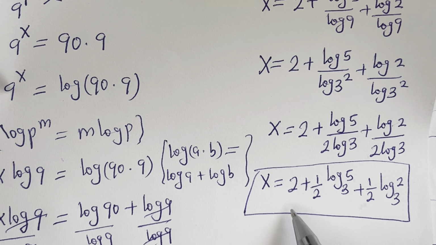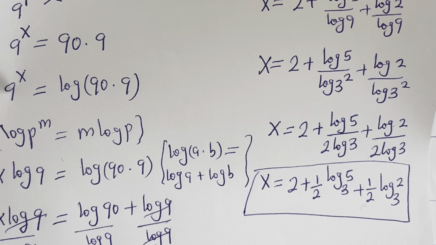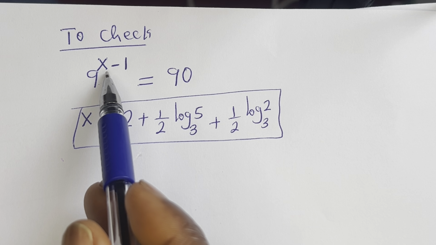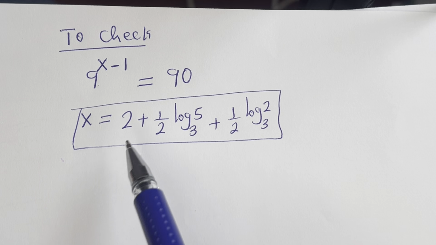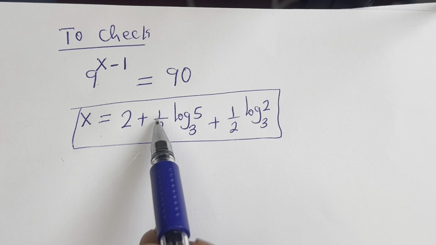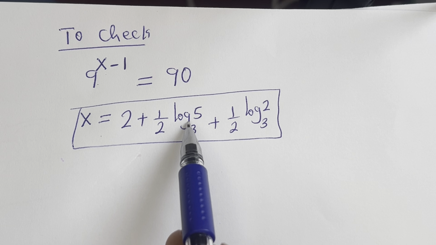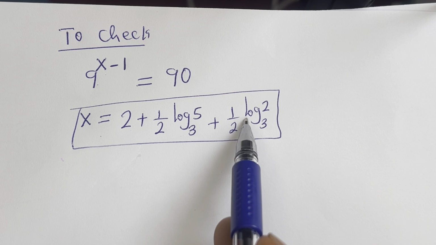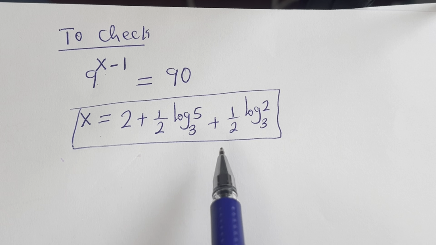We may check to confirm if this answer is right or wrong. Let's check. To check, we have the given equation 9 to the power of x minus 1 is equal to 90. When x is equal to 2 plus 1 over 2 log 5 base 3 plus 1 over 2 log 2 base 3.